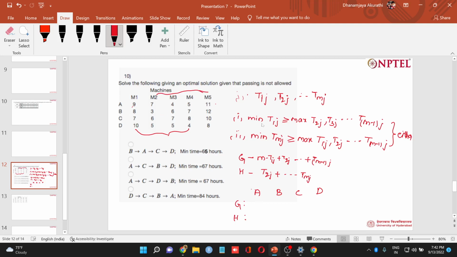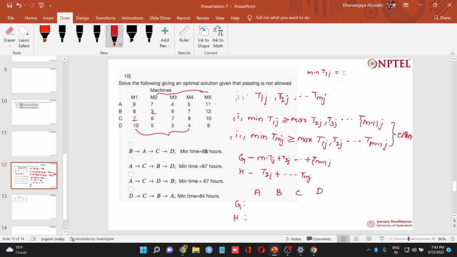First we need to check these criteria. First, the minimum of T1J. On mission 1, the minimum value over the jobs is 7. And for mission 2, sorry, here we need to calculate the maximum value.